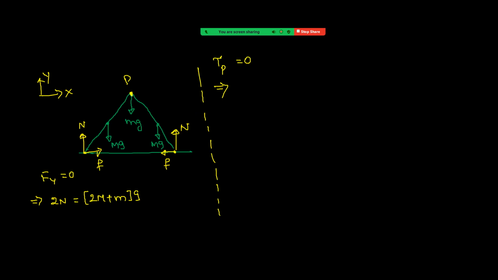Then see, I'm taking again the right leg, focusing on the right leg, about this point. Torque will be because of normal reaction, because of friction, and because of the weight of the ladder, that is capital M into g.